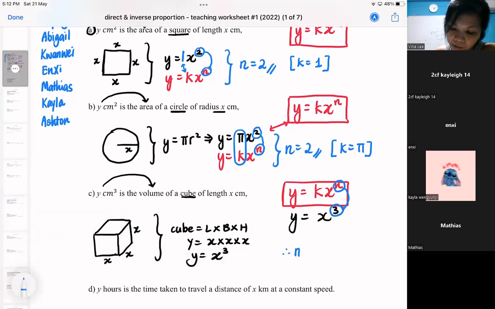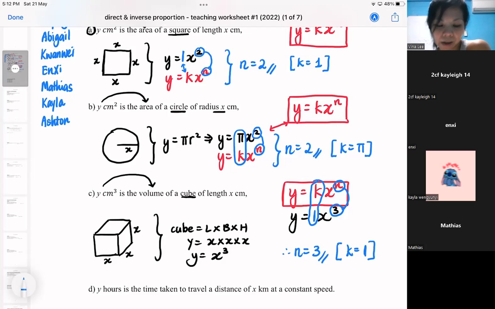Can you see that n is equal to 3? You can also see what your k is: k is equal to 1. The reason I put it in brackets is that the question never asks for k, only for n. I cannot tell you what will come up. They can have different formulas, but you just have to compare with the direct proportion formula.